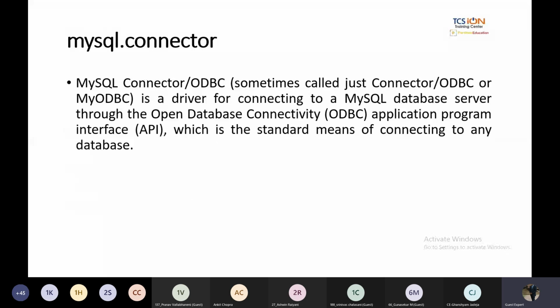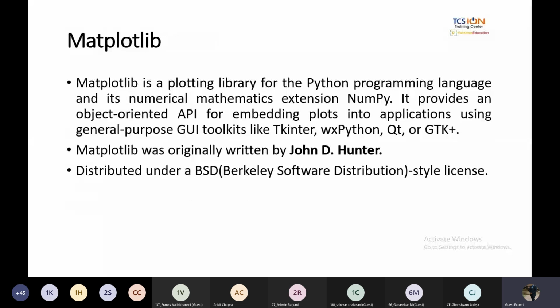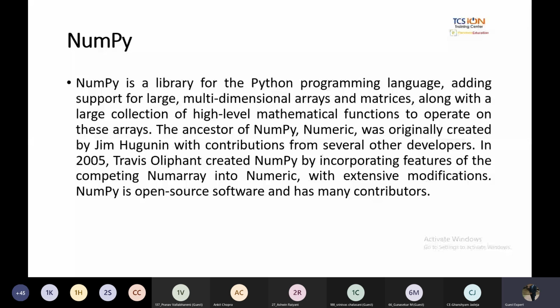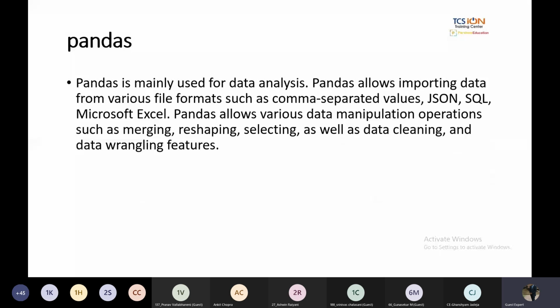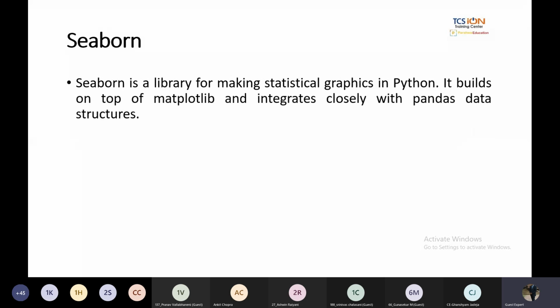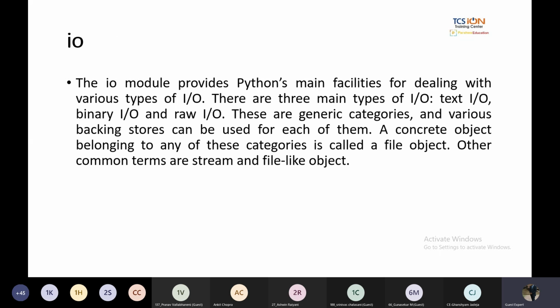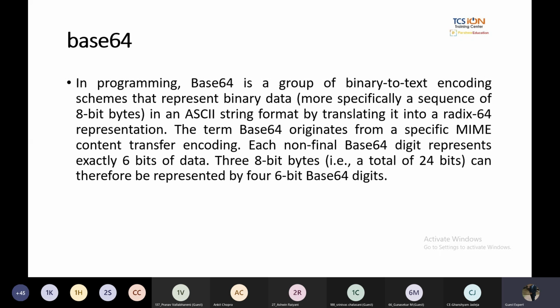We already installed the MySQL connector, then Matplotlib, NumPy, Pandas, and Seaborn, and IO. We had missed one library, which is called base64. Right now we are using this base64 library.